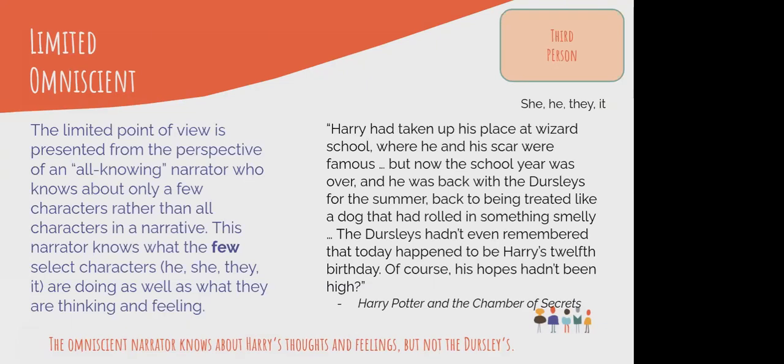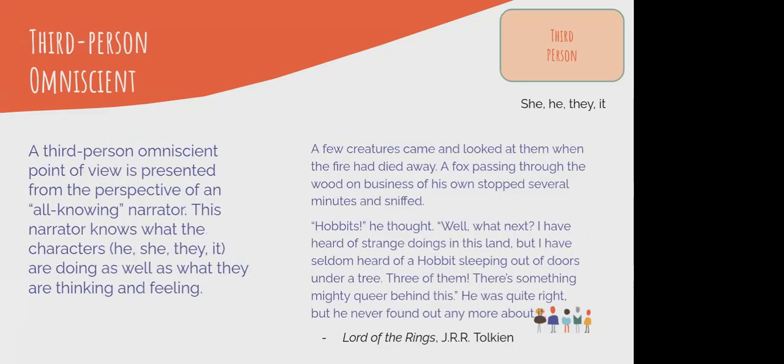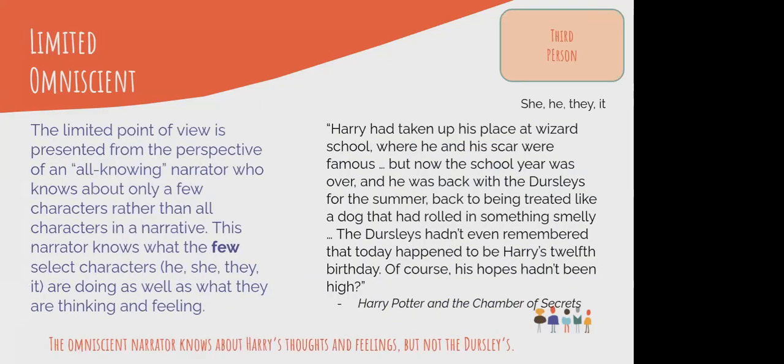How could we change this to regular omniscient? What would we have to do to change this to get to the first one we looked at, which is third person omniscient? What would we have to change?